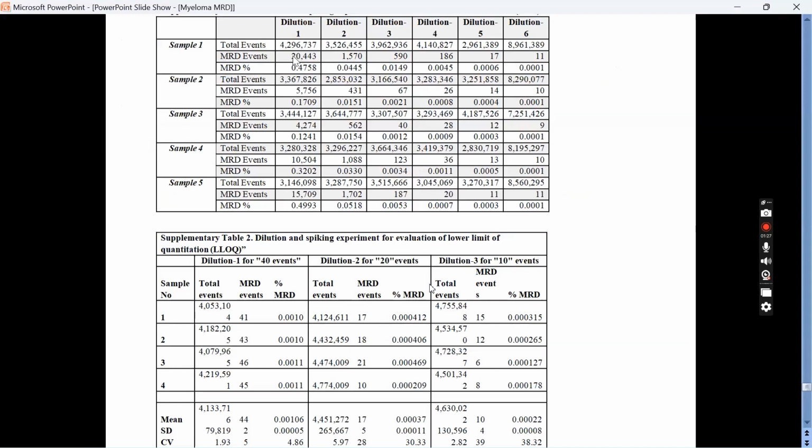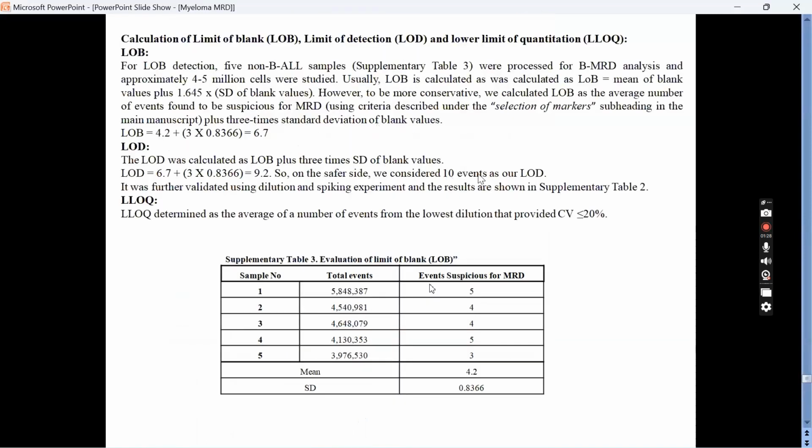You also need to check the number of events. You need to check whether the LOD event count that you derived theoretically is detectable in your assay. For example, theoretically we have determined that 10 events is our LOD.